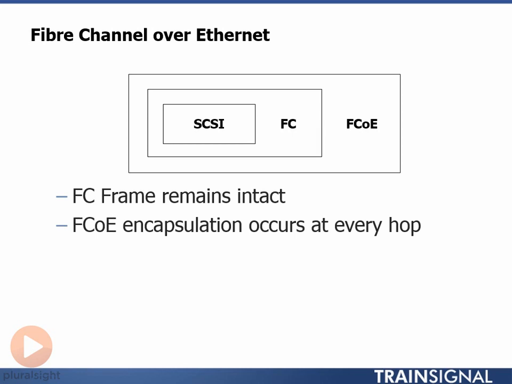And because Fibre Channel frames are slightly over 2 kilobytes in size, and normal Ethernet frames are only 1.5K, in order to avoid fragmentation of the Fibre Channel frame as part of the FCOE encapsulation process, the Ethernet network has to be configured to support at least baby jumbo frames, allowing for a one-to-one mapping between Fibre Channel frames and FCOE frames.